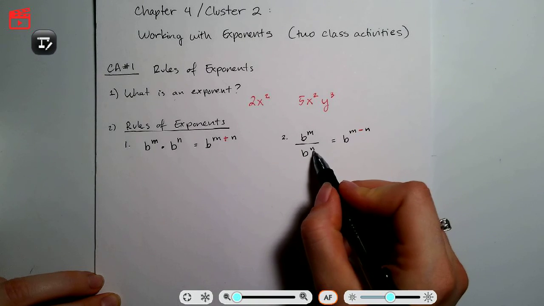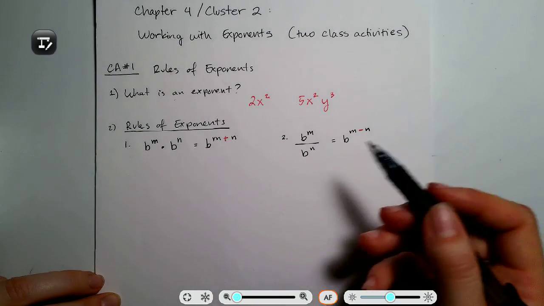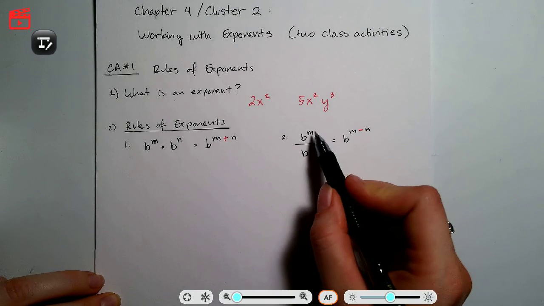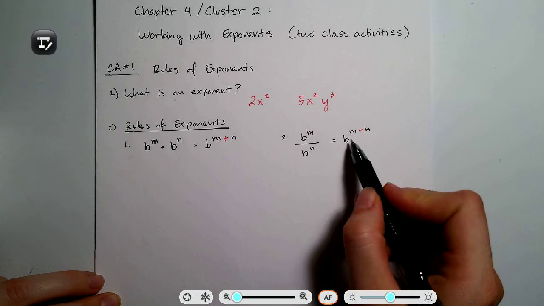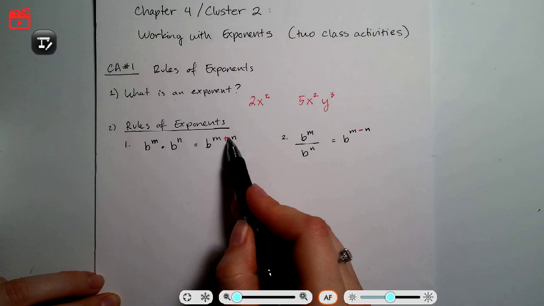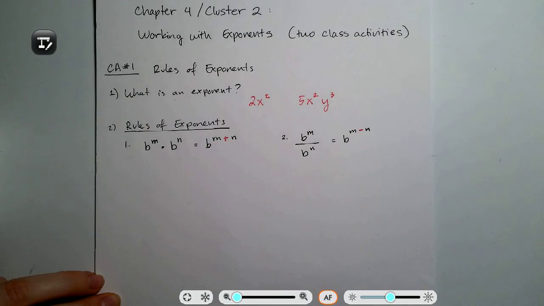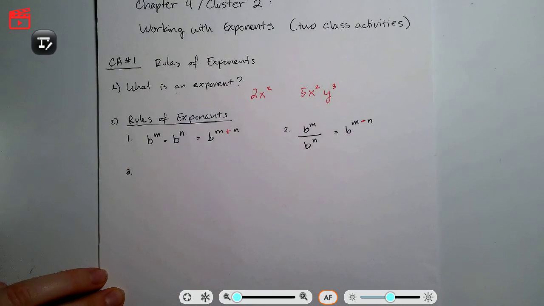You subtract the bottom one from the top one. We cannot switch this around. Remember, subtraction, it's not commutative. You cannot switch it around. So it's always the top exponent, and you're going to subtract away the bottom exponent. All right, so multiplication would be addition. Division would be subtraction.